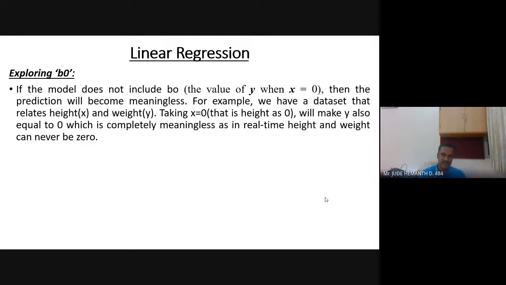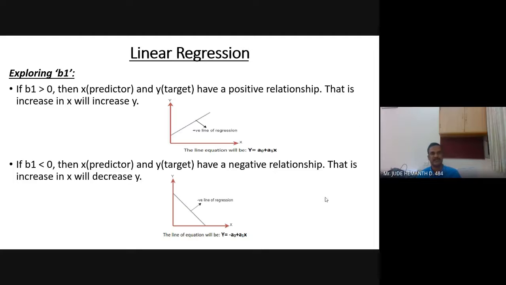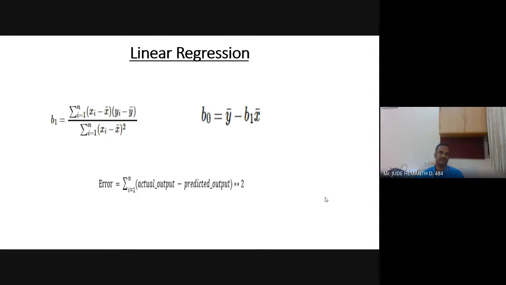Now, look at the first equation. Our equation says y is equal to B0 plus B1x. Suppose you assume that you do not have B0 and no necessity for intercept. Now, when you substitute x is equal to 0, B1 into 0 is 0.